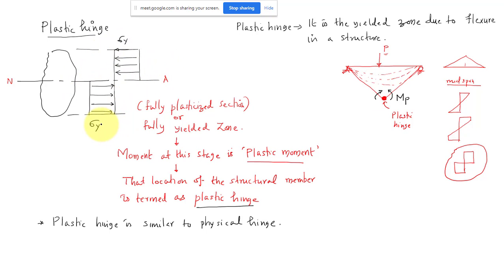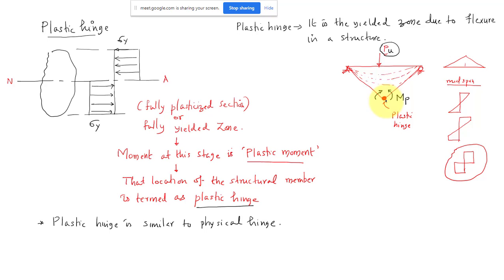It cannot take any more load beyond that. After that, if you apply load, the beam cannot resist any more load, and the load corresponding to this stage of your structure is called the ultimate load or collapse load.